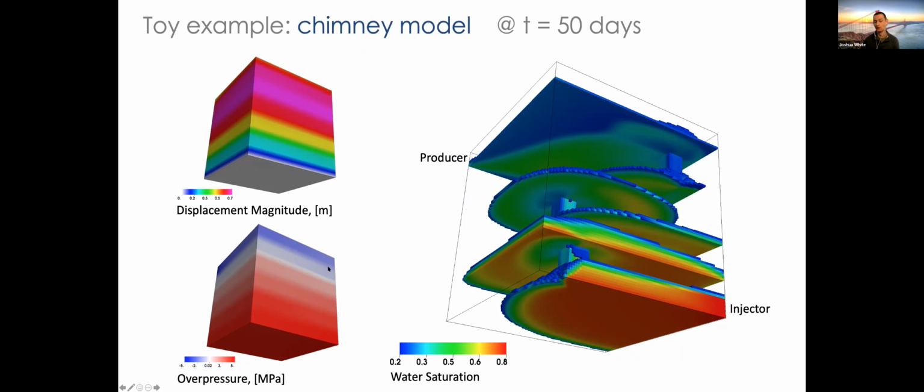So this is a plot of the overpressures in that cube. And so you can see a distinct effect from the layering and the properties. And then the whole cube itself is actually deforming. The whole thing's uplifting, but in fact, in the top layers where we're producing fluids, it's actually shrinking and so forth.